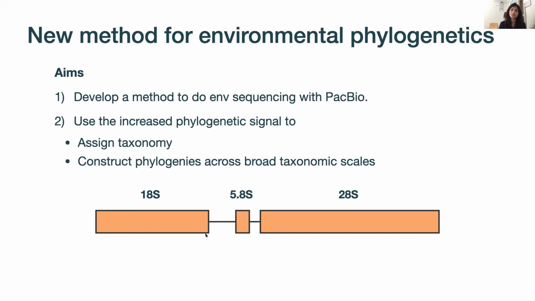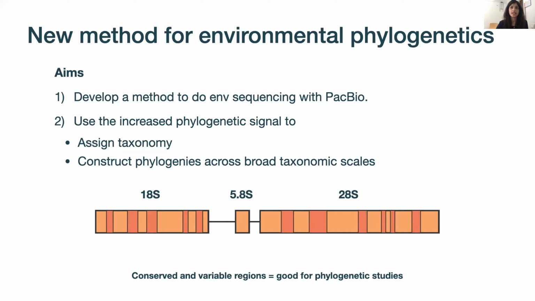We then wanted to use the increased phylogenetic signal of these long reads to firstly assign taxonomy to the environmental sequences, and then to construct phylogenies of this environmental diversity across broad taxonomic scales. And this is facilitated by the fact that the 18S and 28S genes have conserved and variable regions. And so that allows you to build phylogenies at different depths.